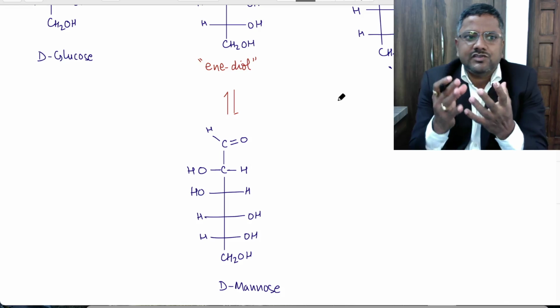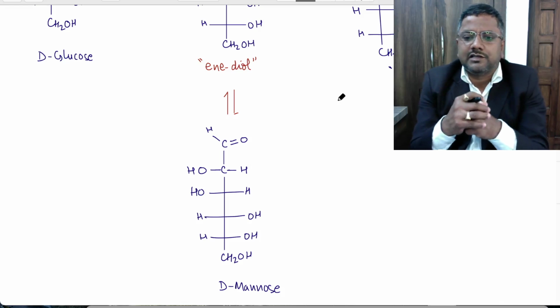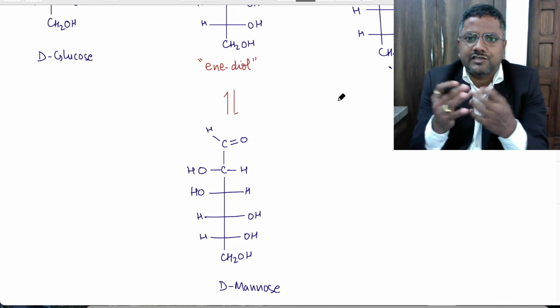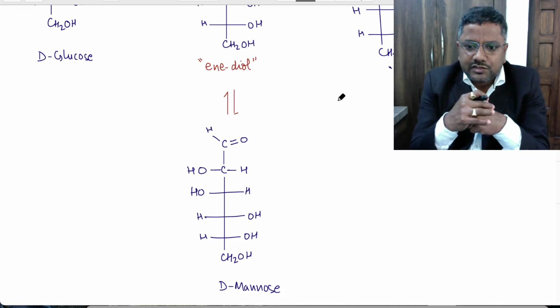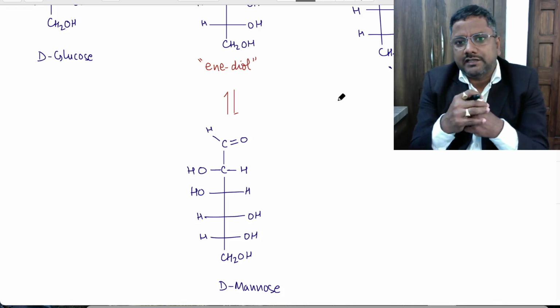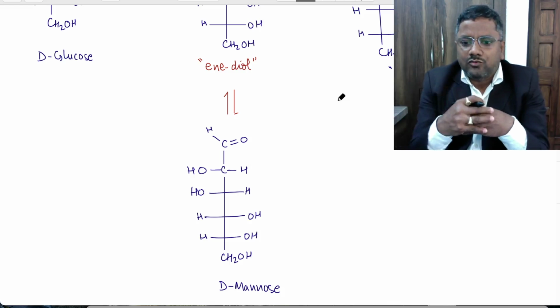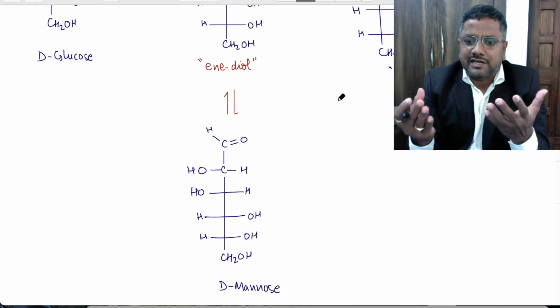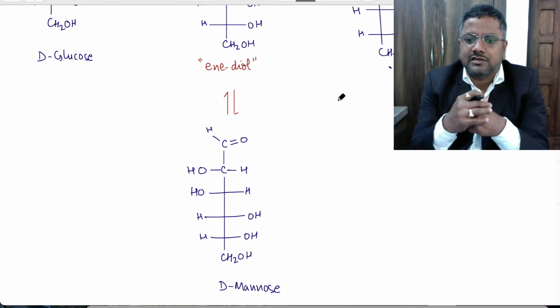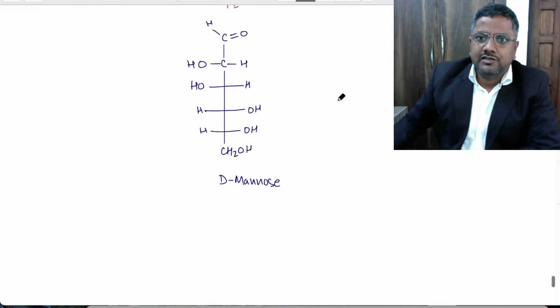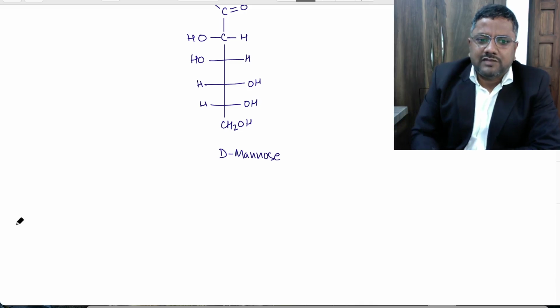So if the question is asked why fructose reduces Tollens and Fehling solution, your answer is like this: fructose in basic medium is converted into glucose, which is an aldehyde, and which reduces the Tollens and Fehling reagent. So what is the answer to the above question?